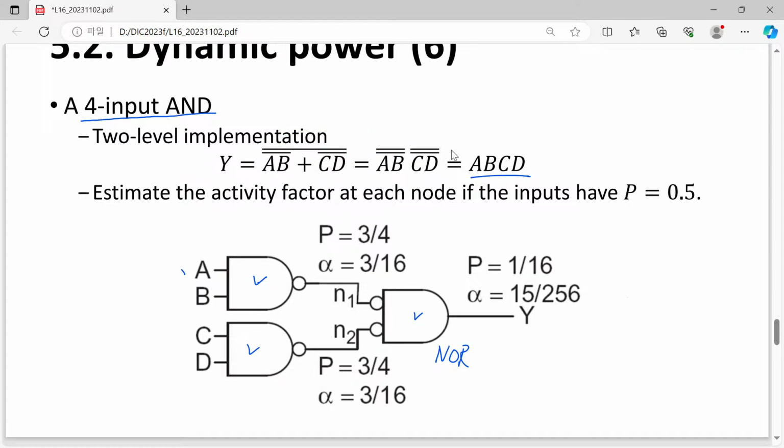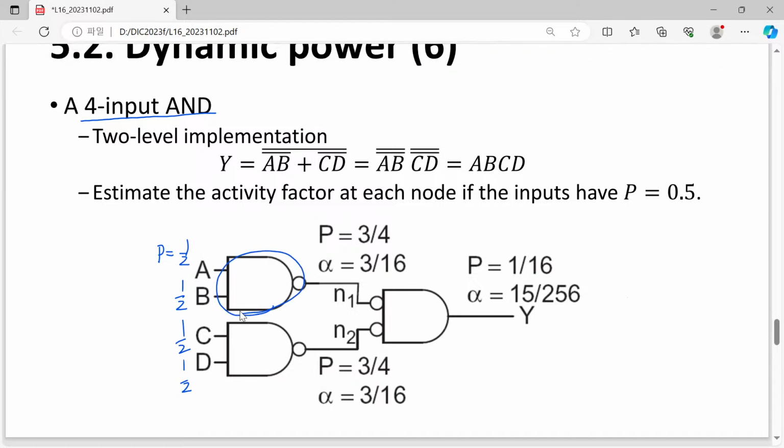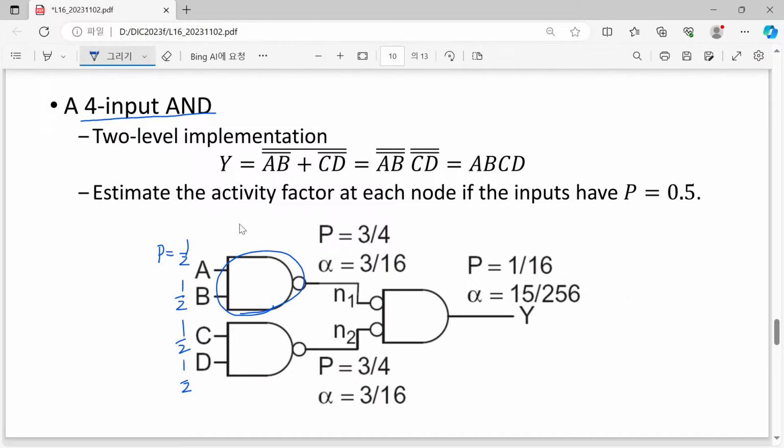Then now let's try to have each variable A, B, C, D have a probability of output value 1 equal to half, half, half, and half. Since this is a NAND gate, the AND gate has a probability of having 1 of 1/4, a quarter.